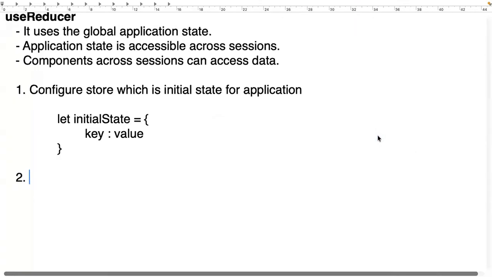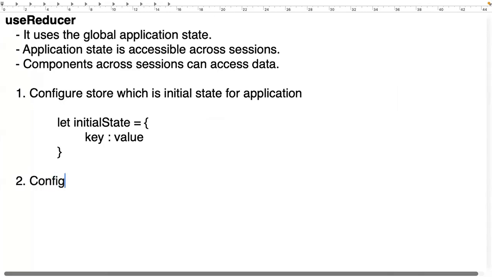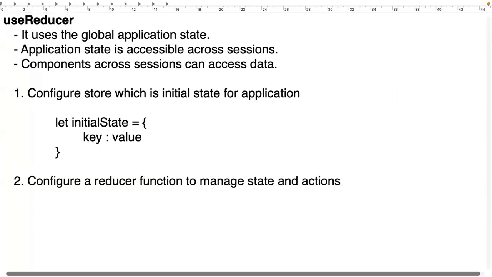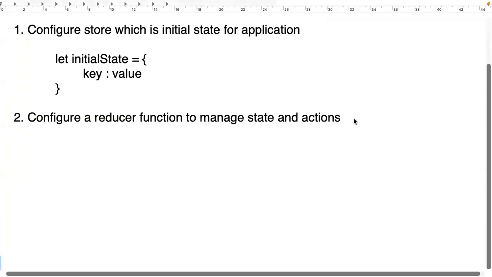The second step is to configure a reducer function to manage state and actions. This function is for managing the state and actions.